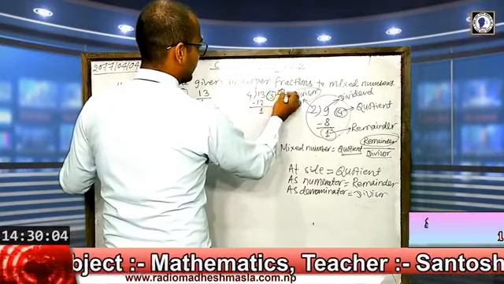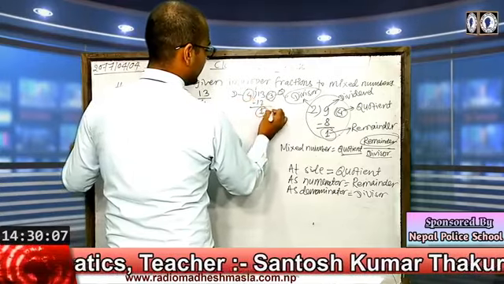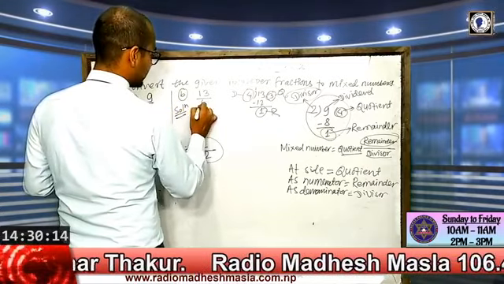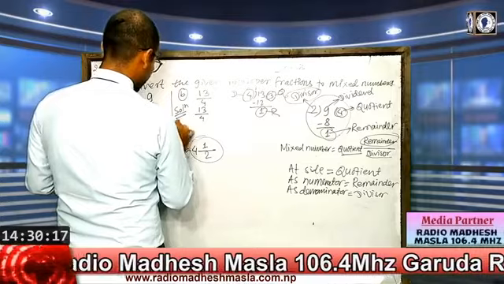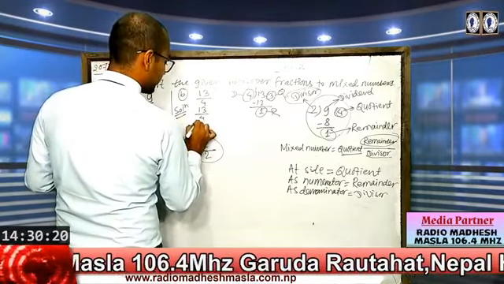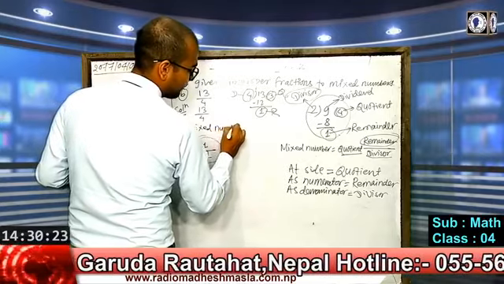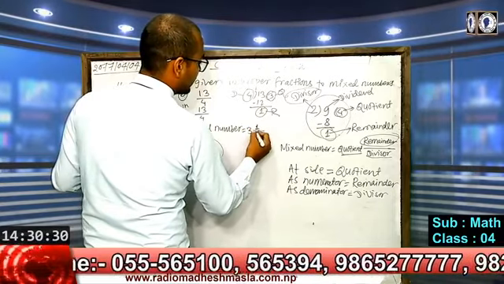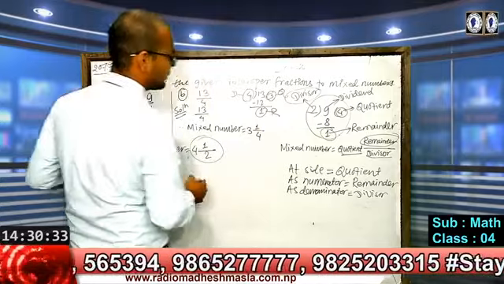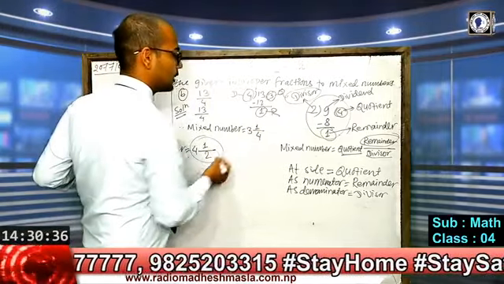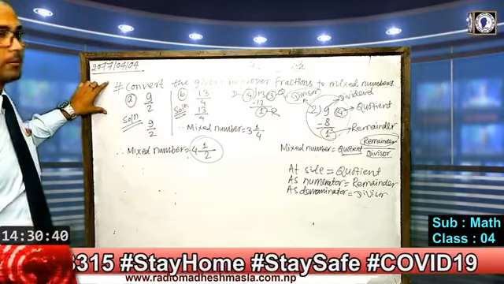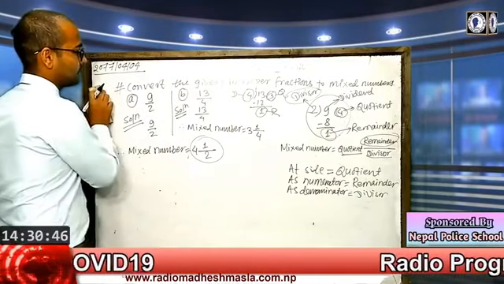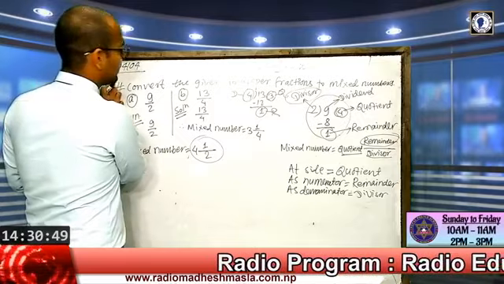This is the quotient Q, this is the divisor D, this is the remainder R. So the mixed number of 13/4: the quotient is written at the side, the remainder at the upper part as the numerator, and the divisor at the lower part as the denominator. So the mixed number so formed is 3 and 1/4. In this way we can convert different improper fractions into mixed numbers.